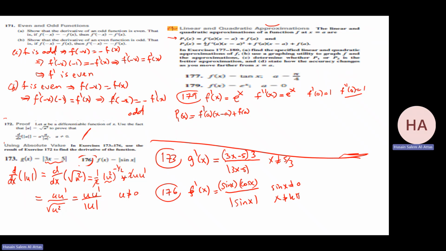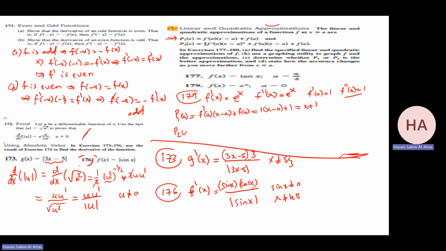I need this for the quadratic. This is the linear one. So just substitute f prime at 0, which is 1, x minus 0, plus 1. So it will be x plus 1.